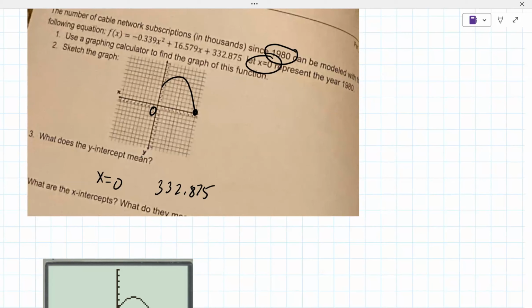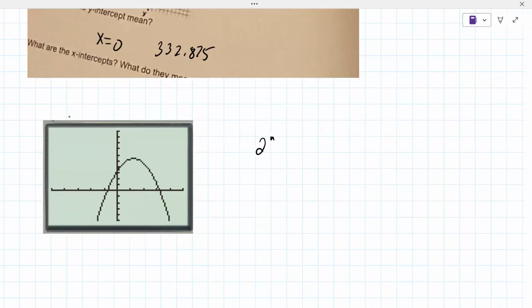For x-intercepts, I would click second, calc, zero, and go to the leftmost one.